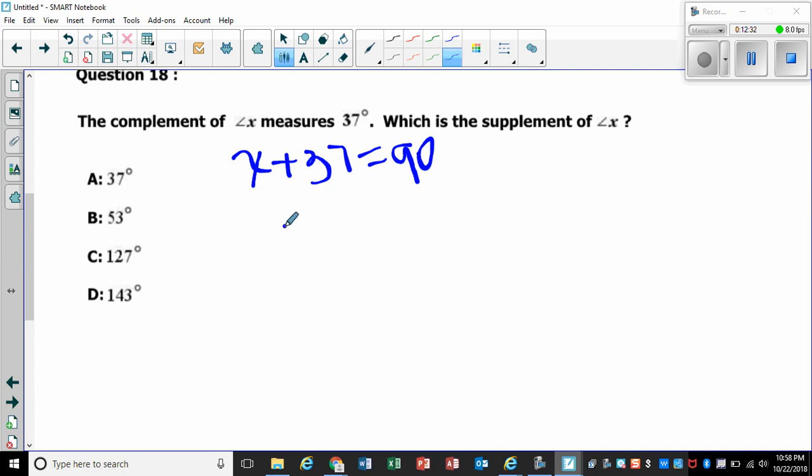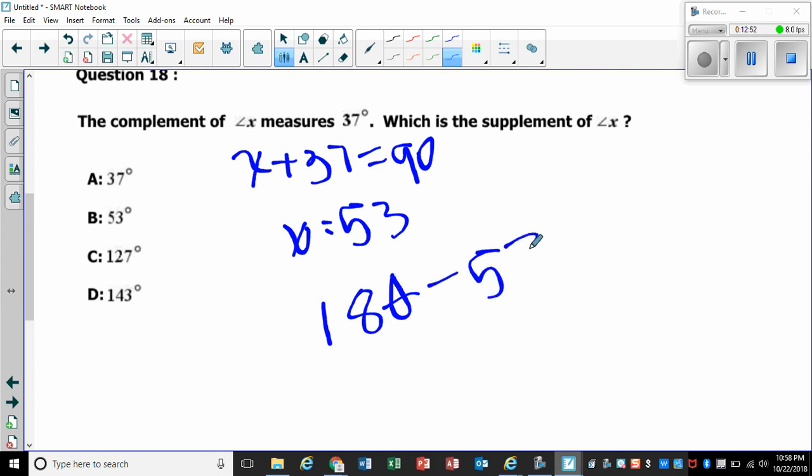So x is now 53, right? But the question is, what is the supplement of this? So you have to do 180 minus 53. That would be the answer.